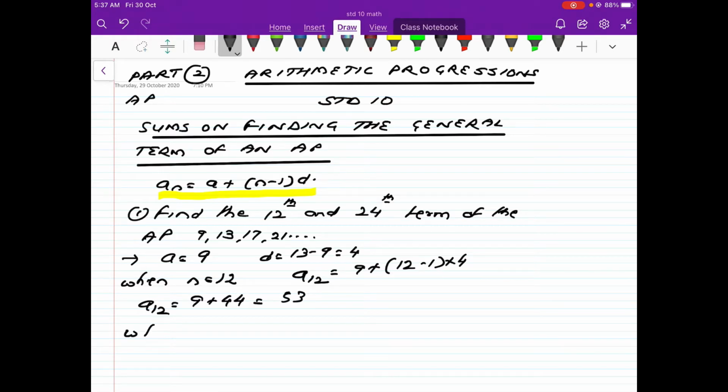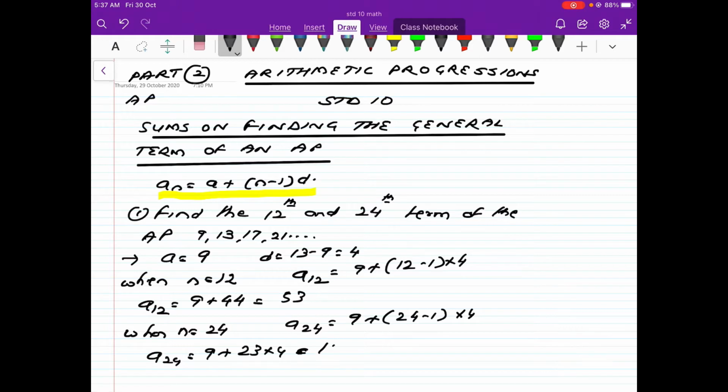Similarly, when n = 24, we write the same data. a24 is equal to 9 + (24 − 1) × 4. So a24 becomes 9 + 23 × 4. If we find the value, it comes to 105.